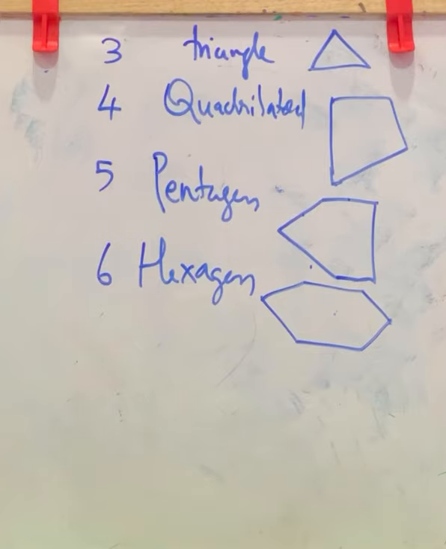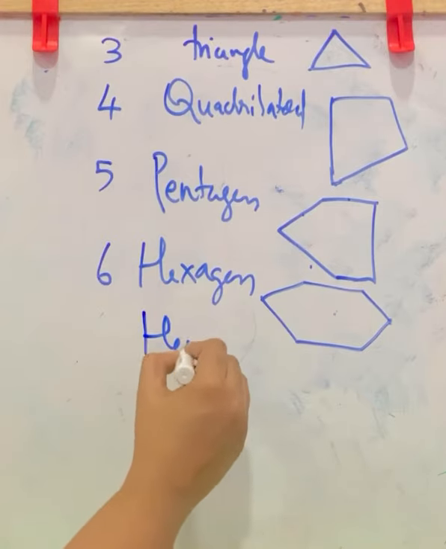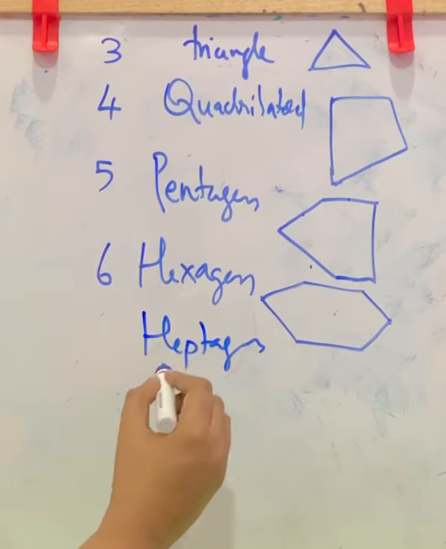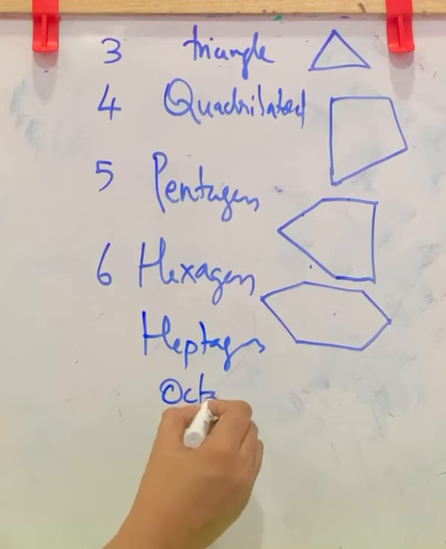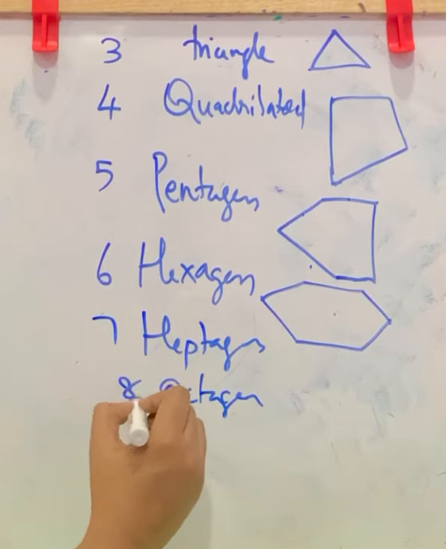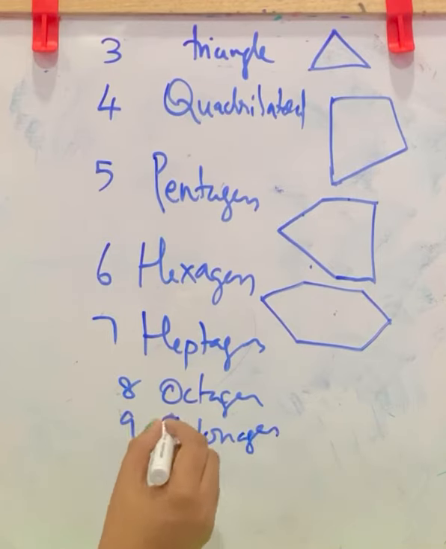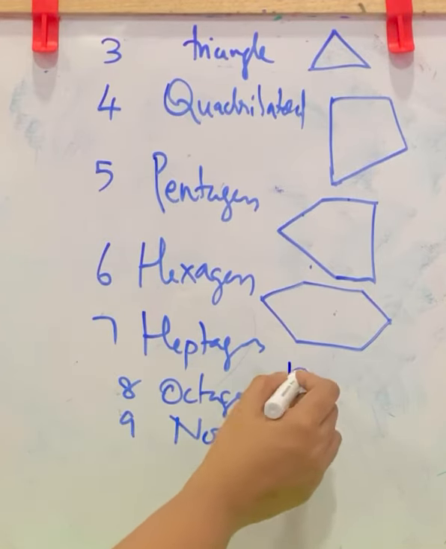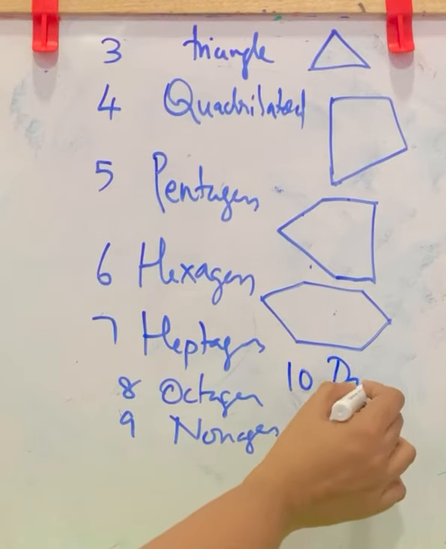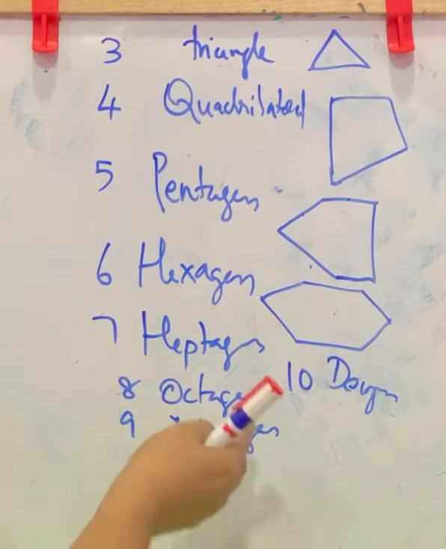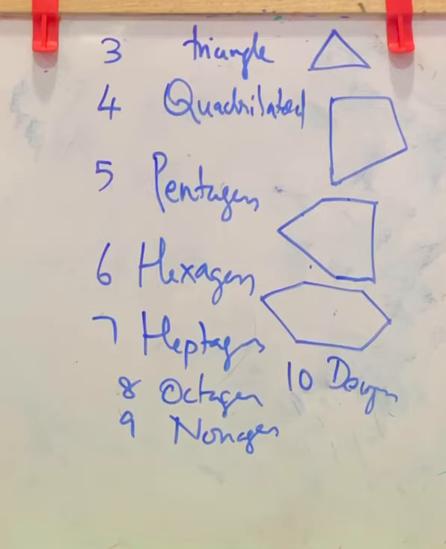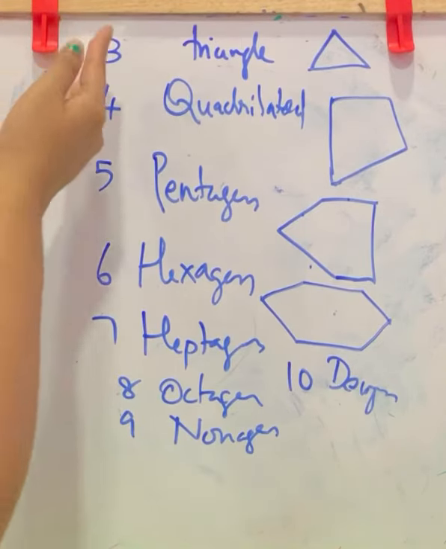Now if it is 7, we name it as heptagon. If it is 8, we will say octagon. And 9, nonagon. And if it is 10 sides, we will say decagon. So these are some of the classifications of polygons according to the number of sides or vertices.